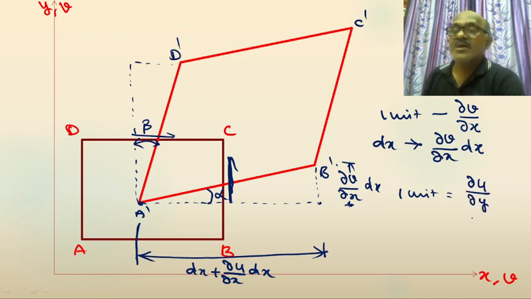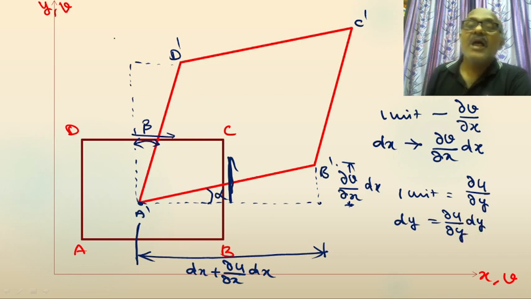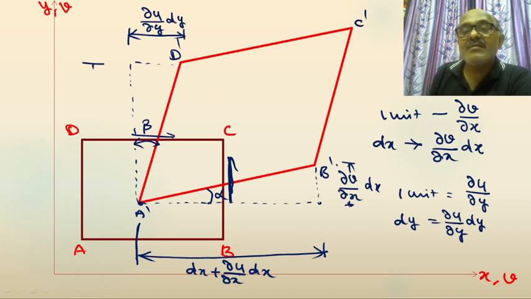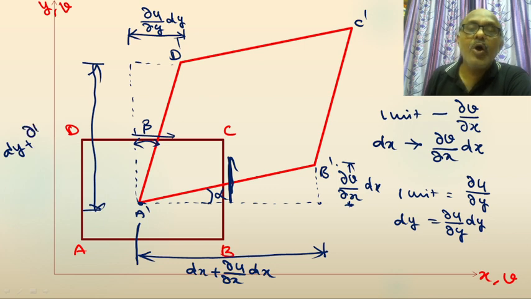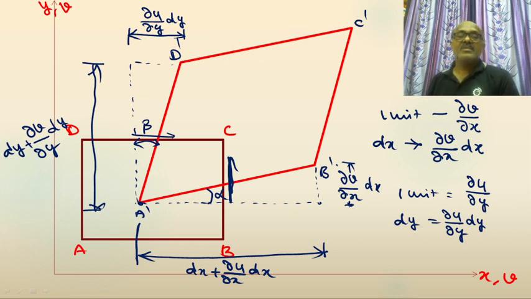For dy distance, this is displaced to here, that is dou u by dou y into dy. But this was already calculated in the previous class. This is the final length. What is this, my dear students? Dy plus dou v by dou y into dy. This is the final length.